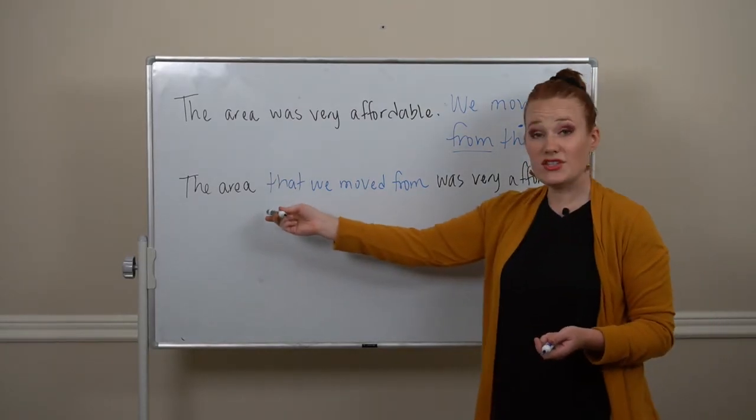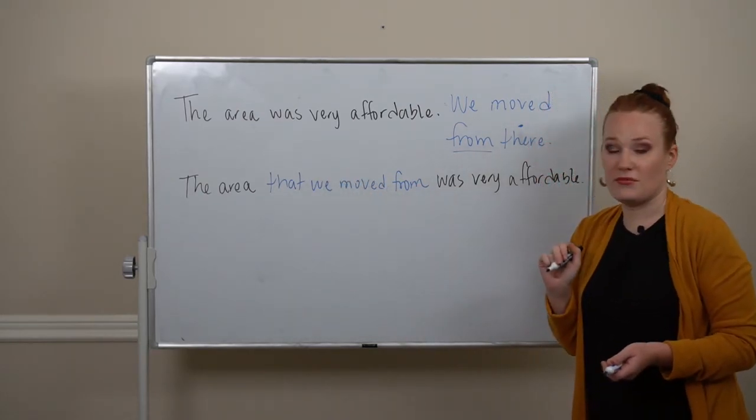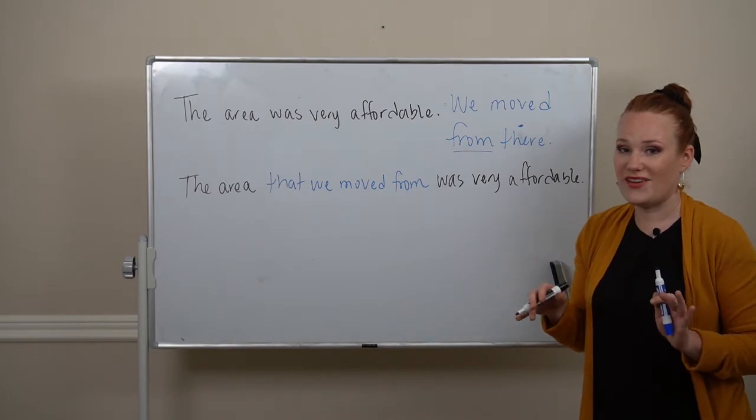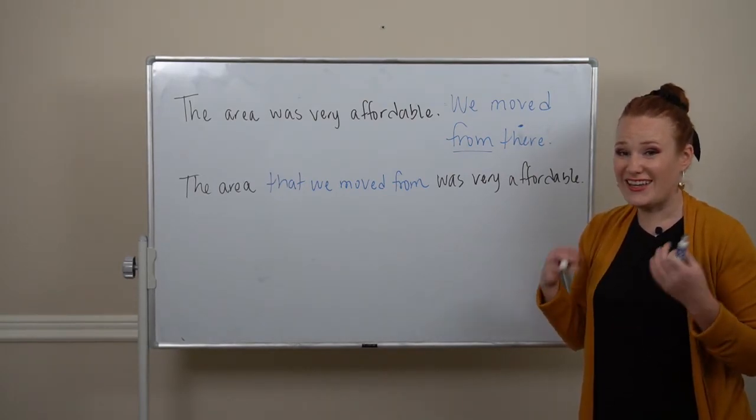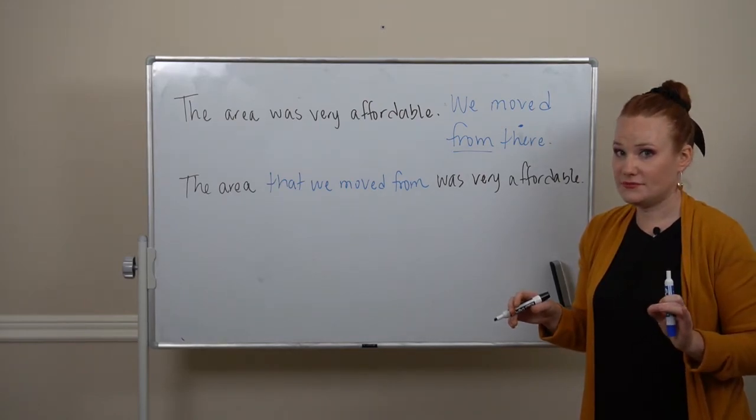Or the area which we moved from was very affordable, or just the area we moved from was very affordable. All three are fine, but we also get another option for very formal writing.